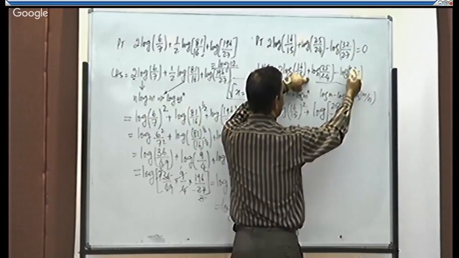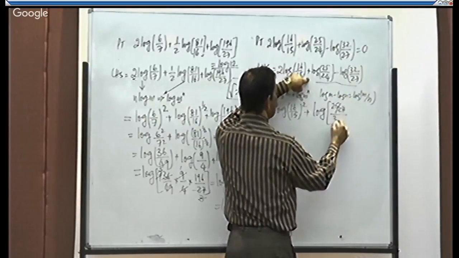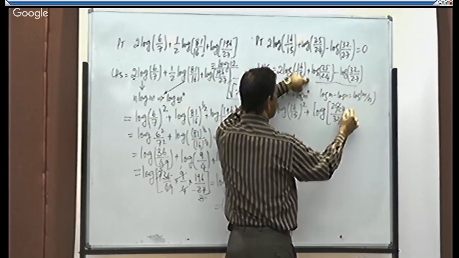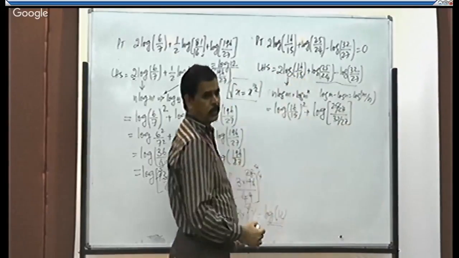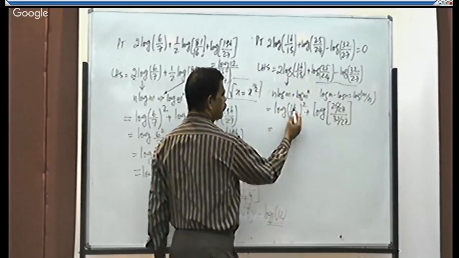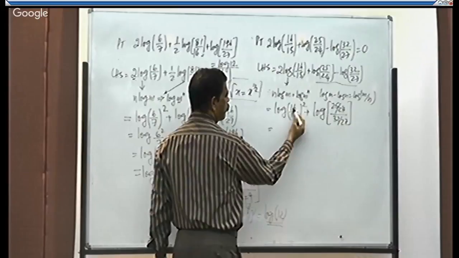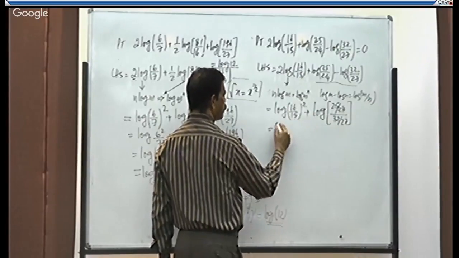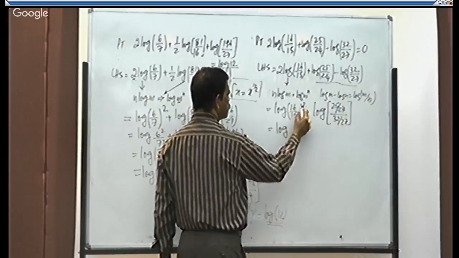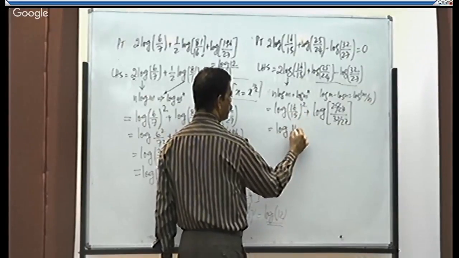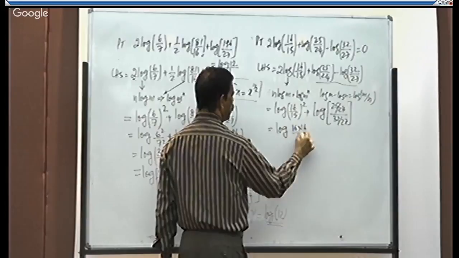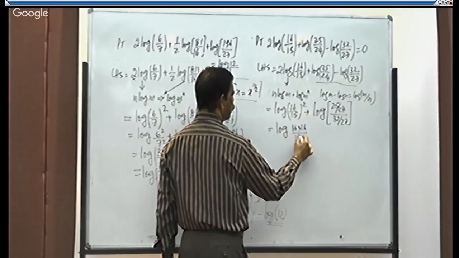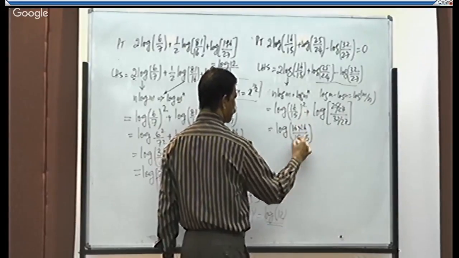What is n? n is equal to 32 by 27. The first term we have to simplify it, square both numerator and denominator. Correct? 16 square by 15 square. Log of 16 square, I will write 16 into 16, 15 square, 15 into 15.